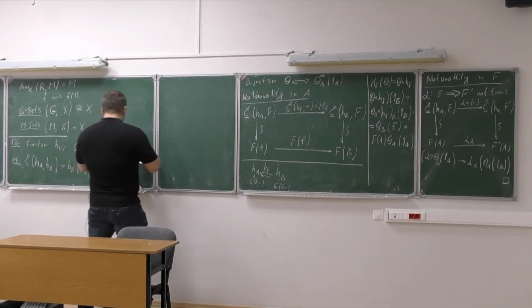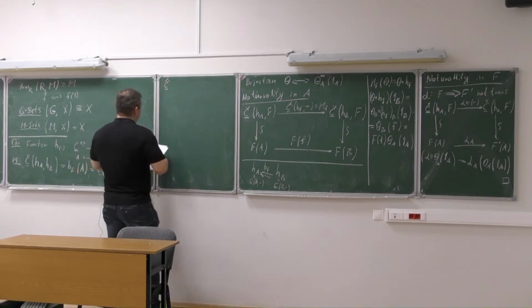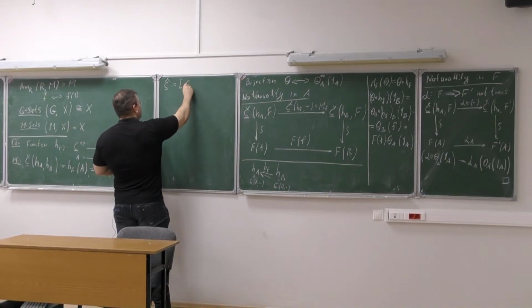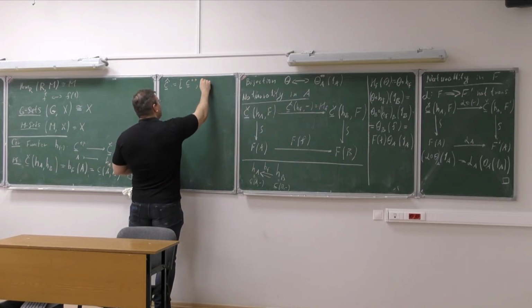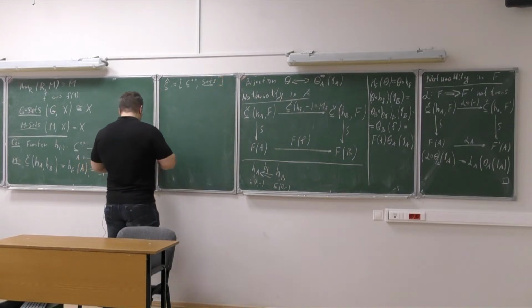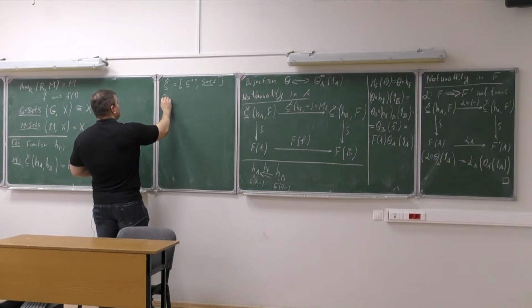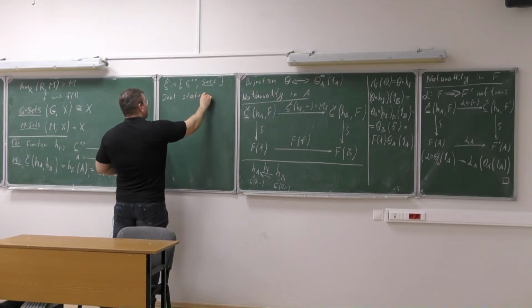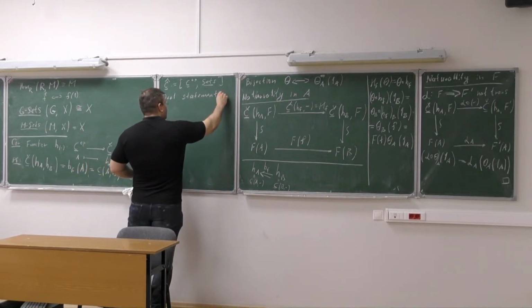And now we can do this dually. So I can define C hat to be, by definition, all the contravariant functors from the category C to the category of all sets. Then the dual or opposite statement of the Yoneda lemma has precisely the same proof.